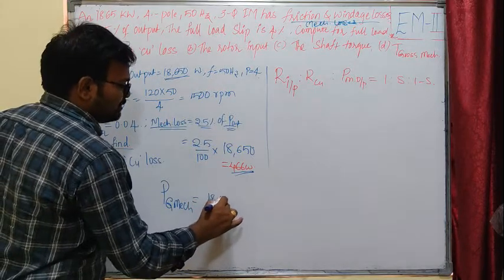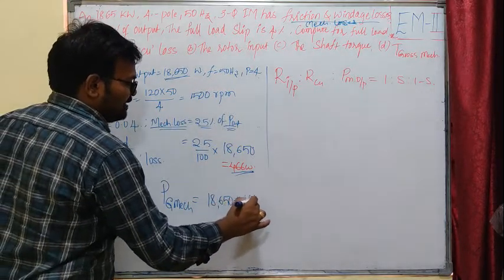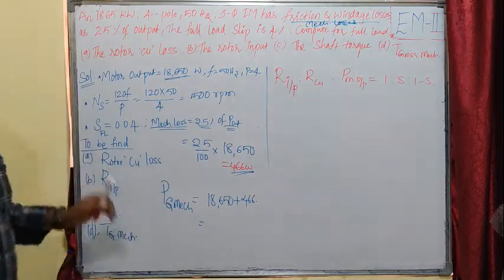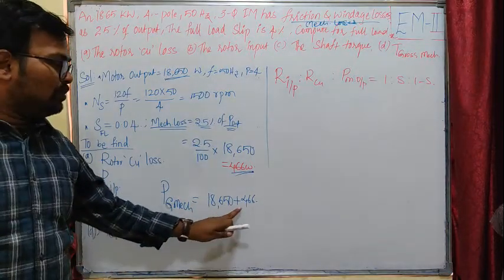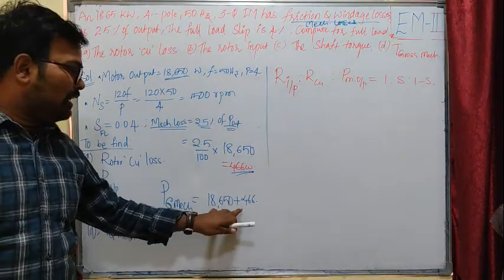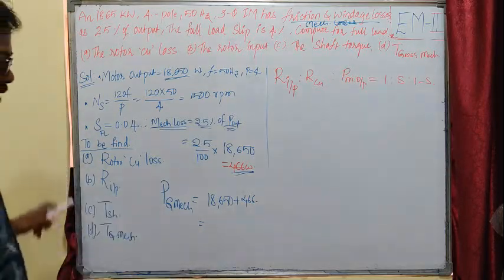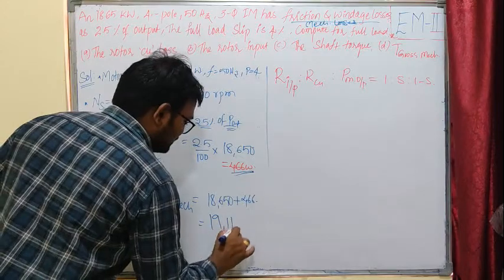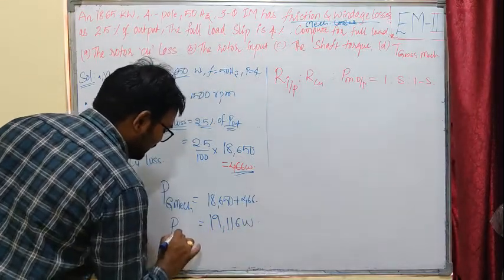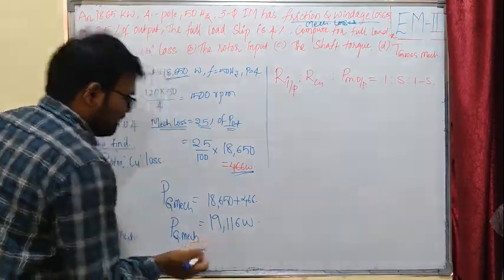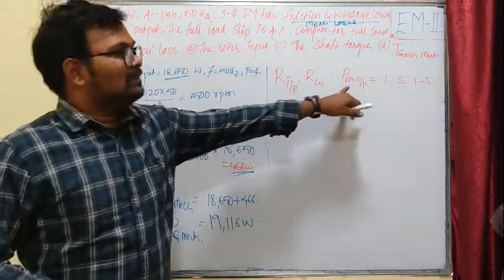That means 18,650 plus 466 gives 19,116 watts. So this is my gross mechanical power output, one of the components of this ratio.